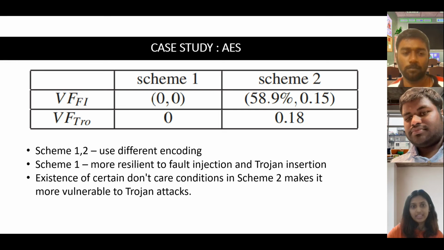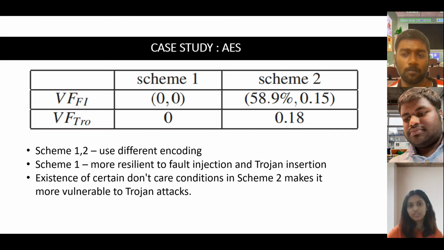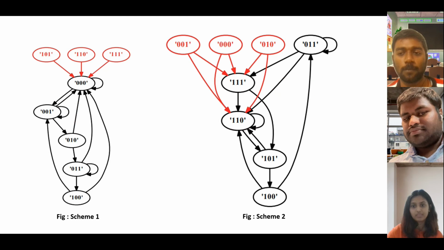For AES, it uses two encoding schemes. For the first scheme, the vulnerability factor is 0, which means that it is almost resilient to any of the attacks. But for scheme 2, the susceptibility factor is about 0.15. So we can say that the scheme 2 design is more prone to fault injection and Trojan insertion attacks.